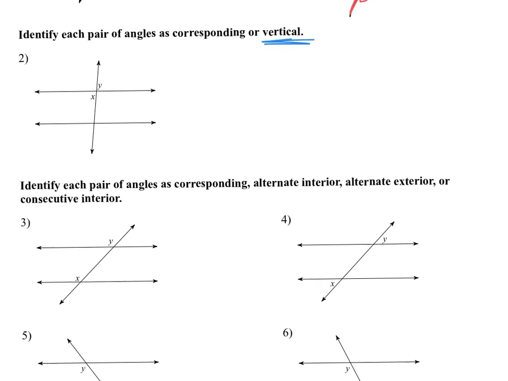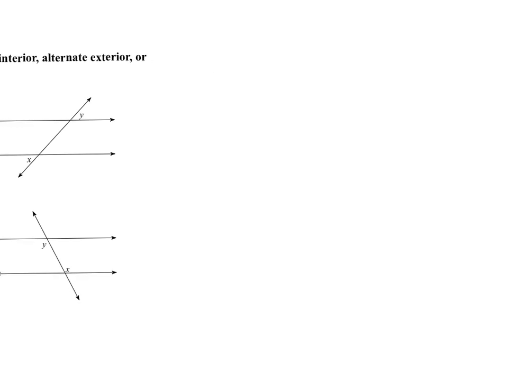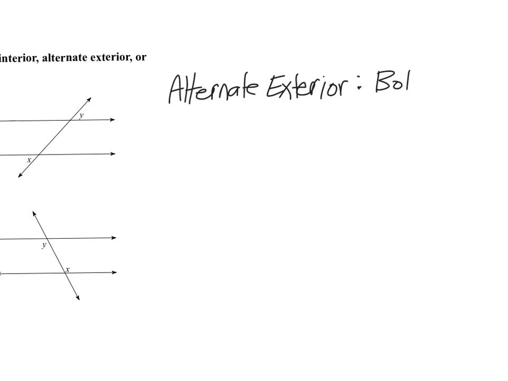Now, in these next examples, we have some more terms. Alternate interior, alternate exterior, consecutive interior. Okay, so let's do some definitions here. I'm going to write the definitions again in the same relationship I did to corresponding. Alternate exterior means both on the outside, that's what exterior means, both on the outside on different sides.